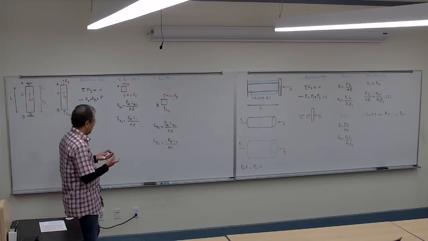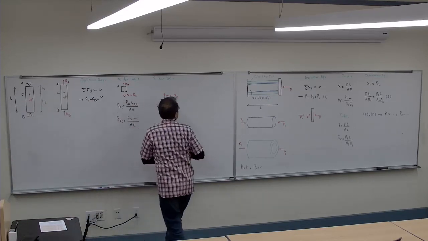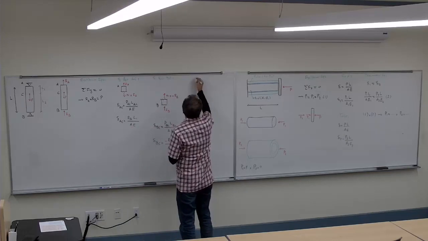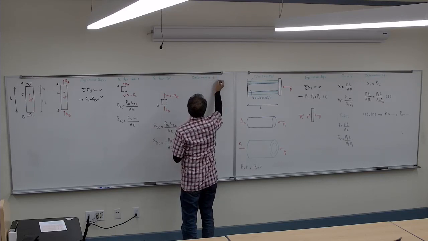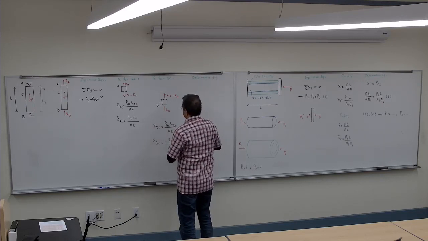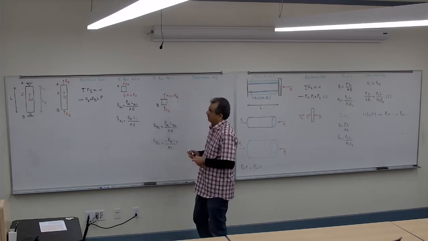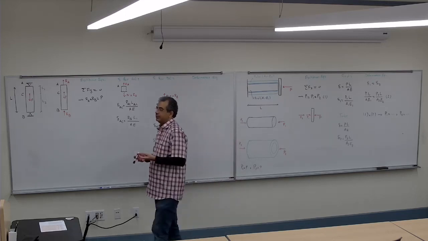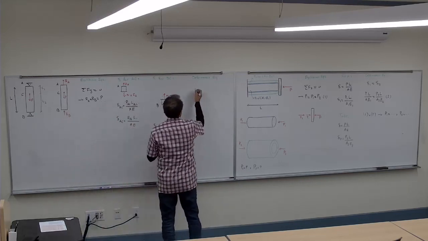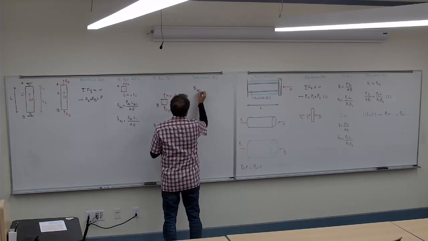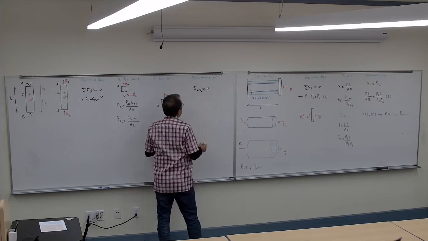And now the deformation equation. The deformation equation that I want to use: the delta AB, the total delta, is 0.